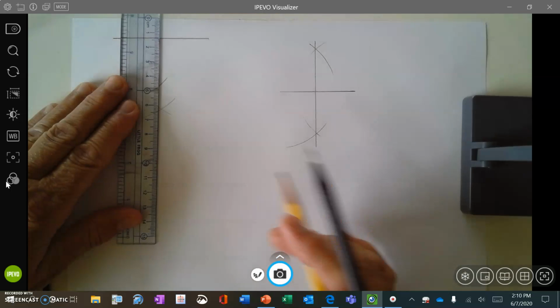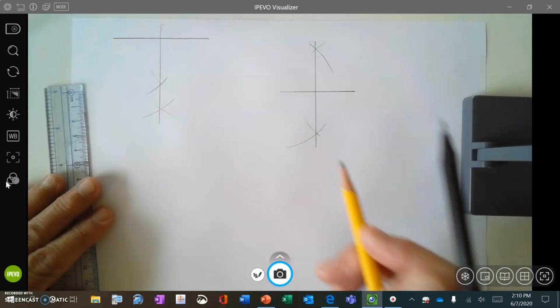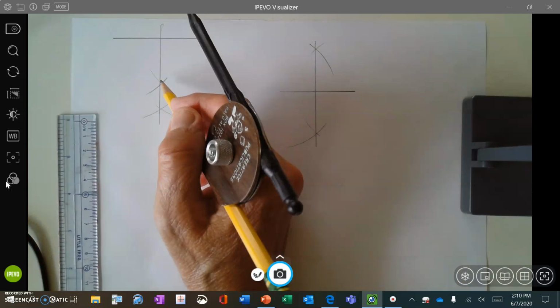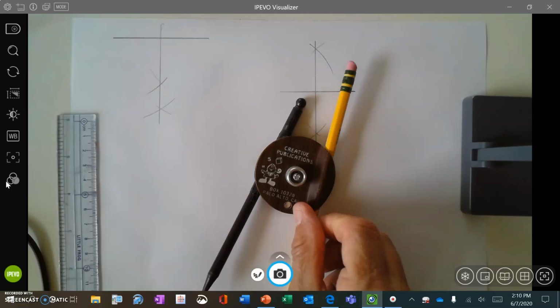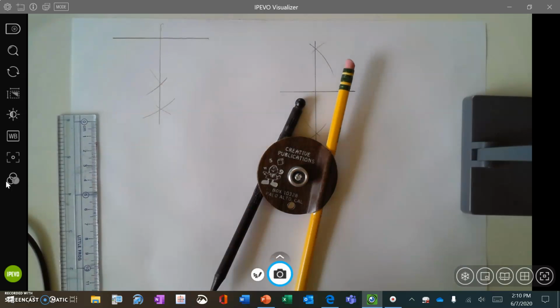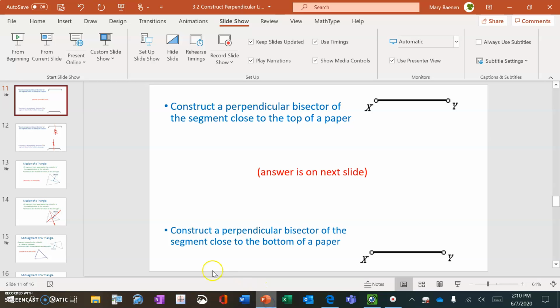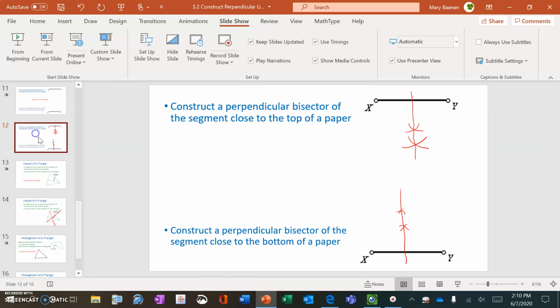And when I connect those, that's also a perpendicular bisector. So I can do the two marks both below the line, or I could do the two marks both above the line. So if I go back to my sketch here, see how down here I showed you how I can also do these both above the line.